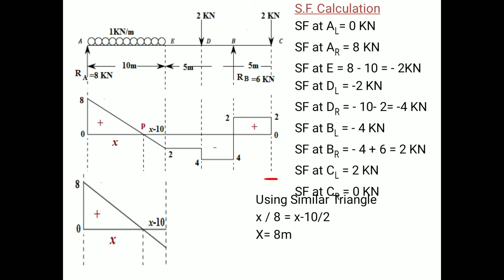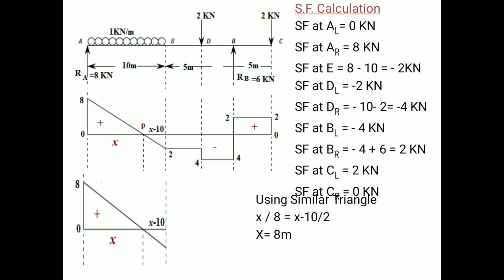Similarly, shear force at left of C is 2 kN, and shear force at right of C, which is the end support, is 0. So this is the value of shear forces for the given overhanging beam. Now from those values we are going to draw the shear force diagram.